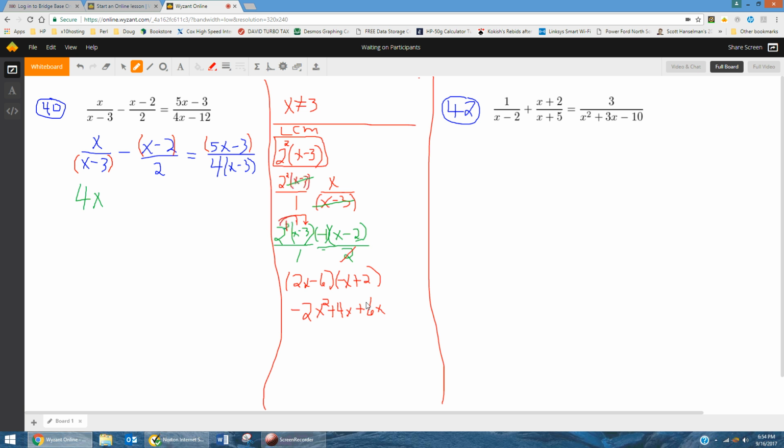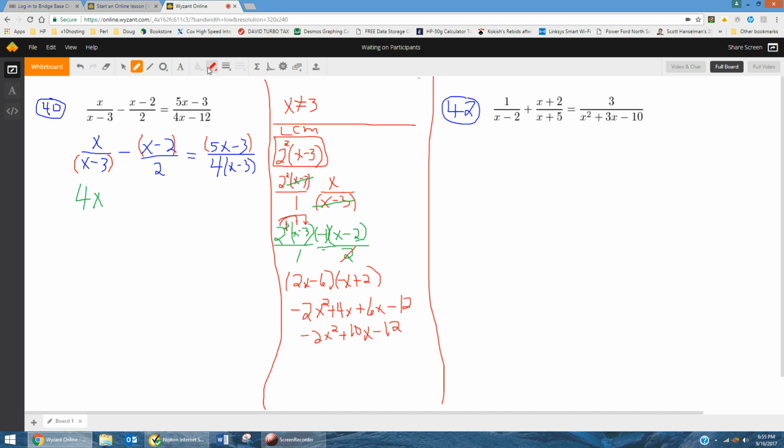Minus 6 times minus x. And minus 6 times plus 2 is minus 12. So in the end, this simplifies to minus 2x squared plus 10x minus 12.